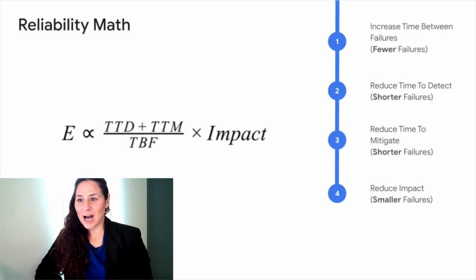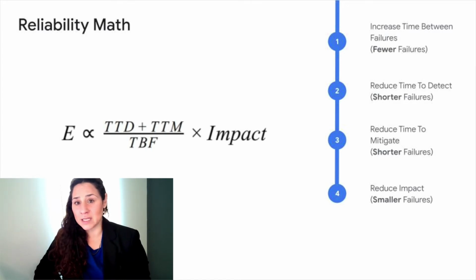So, how do we achieve our desired level of reliability? We need to design and run a reliable system that meets our user expectations, which fundamentally means to reduce the 4 X's in this equation. We need to reduce the time to detect, reduce the time to mitigate.